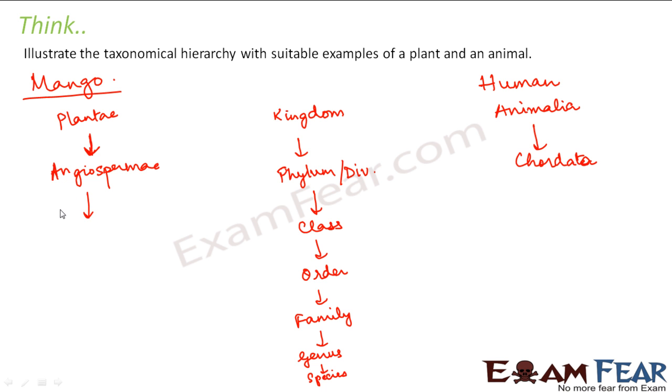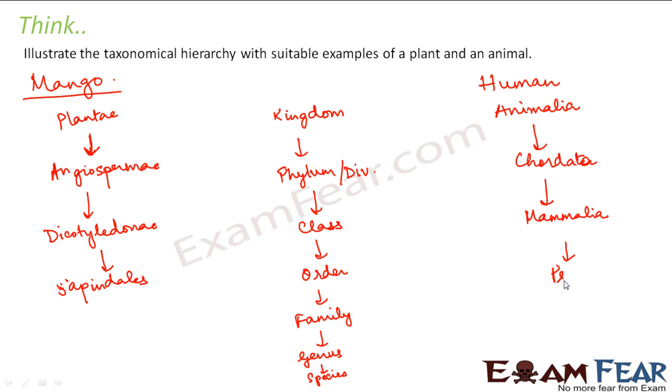Which class under Angiosperm does a mango belong to? It falls under dicotyledon. Dicotyledon is the one which has two cotyledons. What is the class for human beings? They fall under Mammalia. What is the order to which a mango belongs? The order is Sapindales. Similarly, the order for a human being is Primata or the primates.